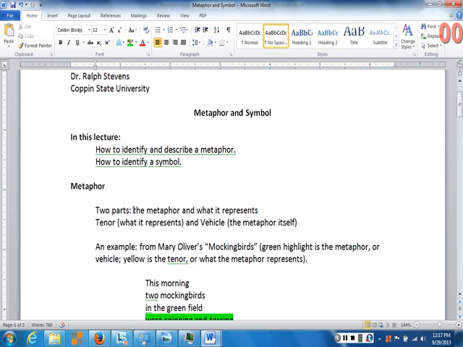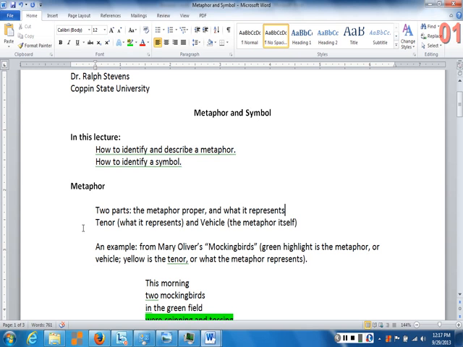But we are focusing on the use of metaphor in poetry. And we say that there are two parts to a metaphor. There is the metaphor itself, let's call this the metaphor proper, and then there is the thing that the metaphor represents.